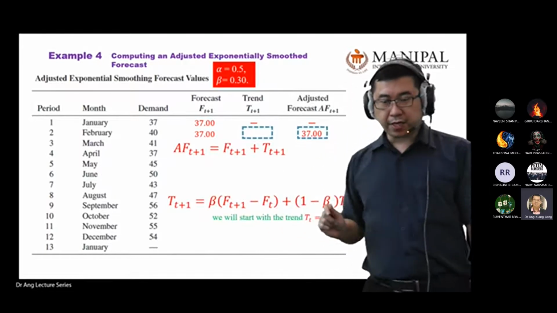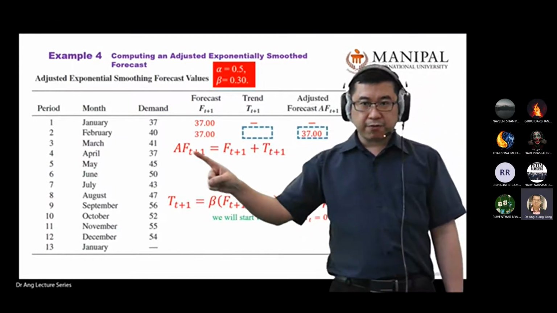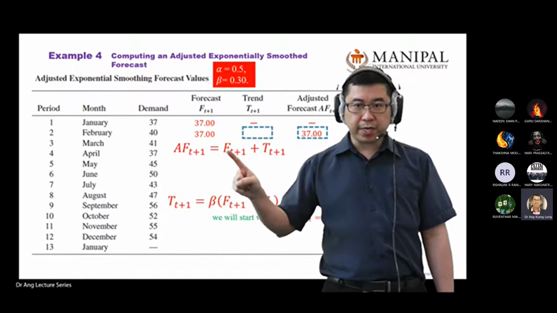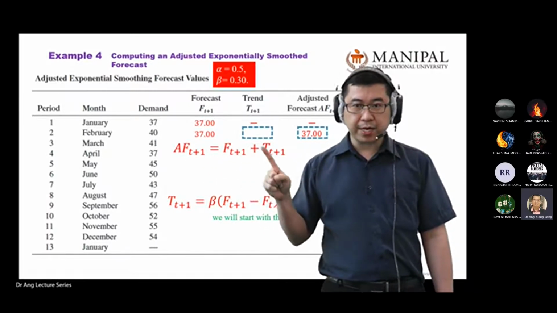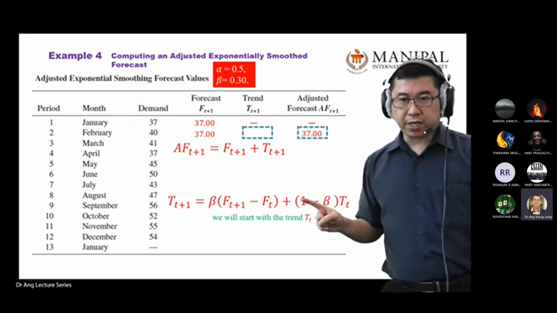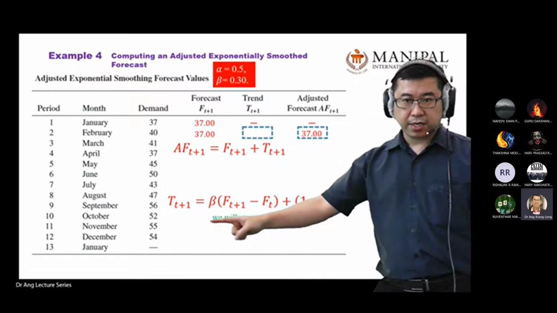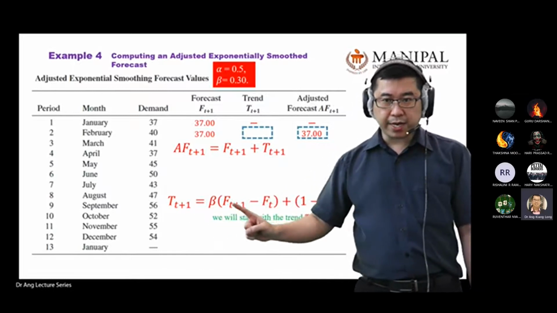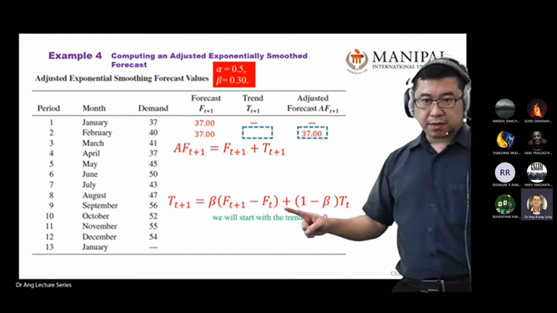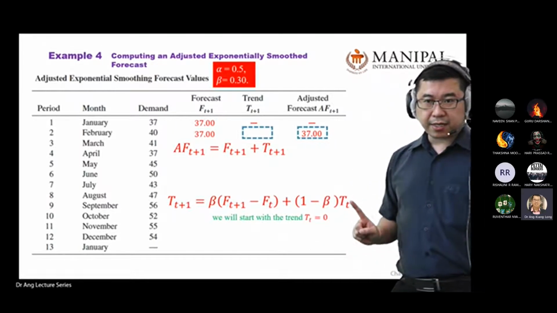I copy the equation to calculate the adjusted exponential smoothing: AFt+1 equals Ft+1 plus Tt+1. And for the calculation of Tt+1, there's another equation: Tt+1 equals beta (Ft+1 minus Ft) plus (1 minus beta) Tt.